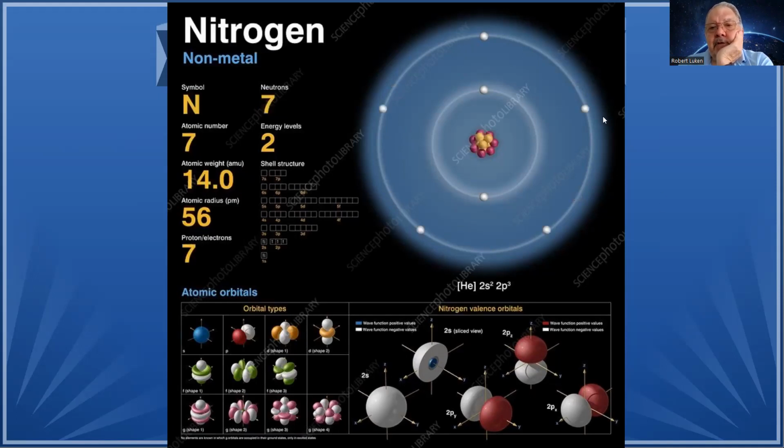And there again is nitrogen. It's slightly higher with 5.